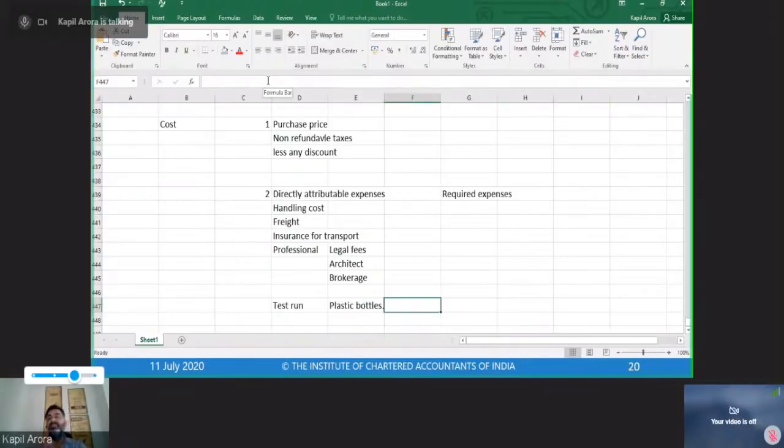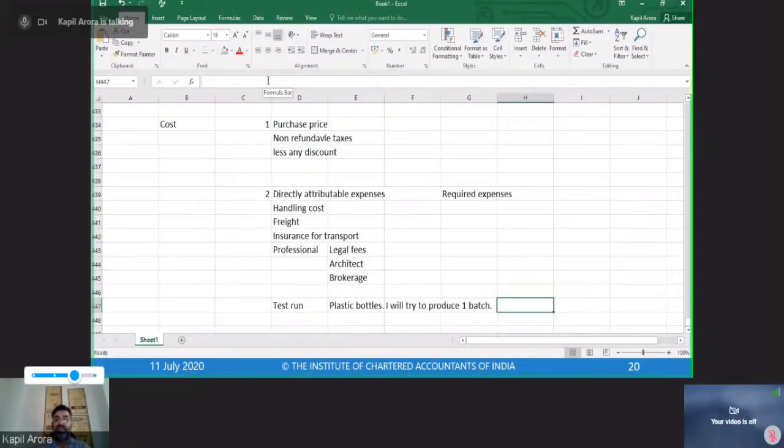Now, whether that machine is working fine or not, I will try to produce one batch or maybe two to three batches, depending on what we are doing. I produce one batch to ensure that the plastic bottles are of the same quality and description we planned, and that everything is working fine.